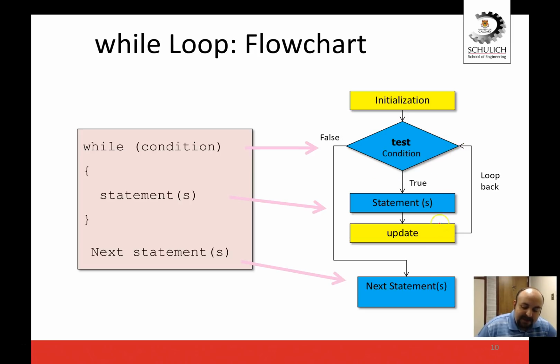You would have the statements, the update statements you could have, and then afterwards you could have other statements. So after updating, you go back to the top. If the test condition is true, you're going to keep going with the loop. If it's false, you're going to leave the loop and get out of it.